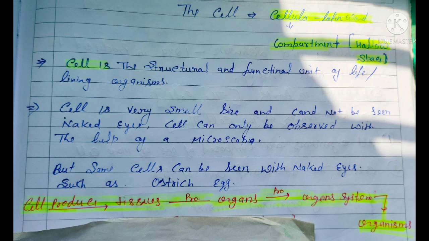Let's see the figure chart. Cells produce tissues, tissues produce organs, organs produce organ systems, and organ systems make up the whole body. So the cell is the structural unit of life.